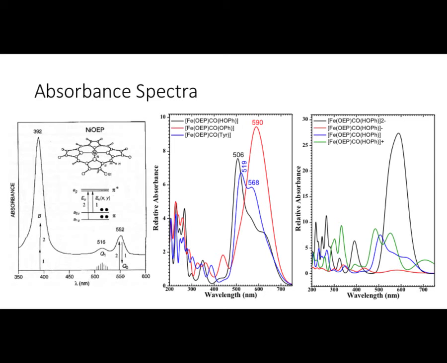But there isn't a whole lot out there drawing parallels between necessarily why one Q band is where it's at. Experimentally, they basically just say it is here at 552.